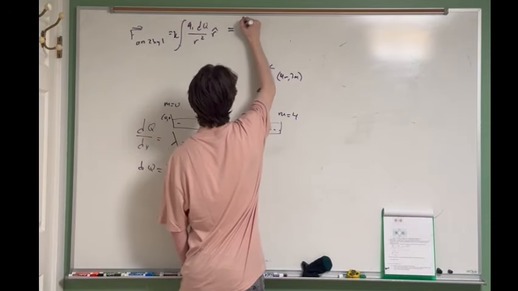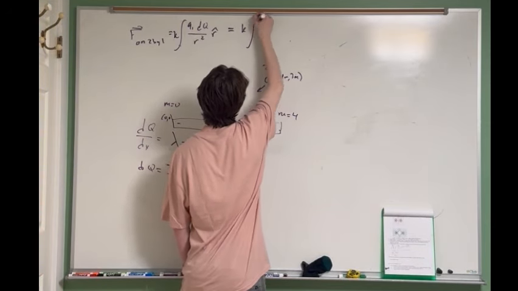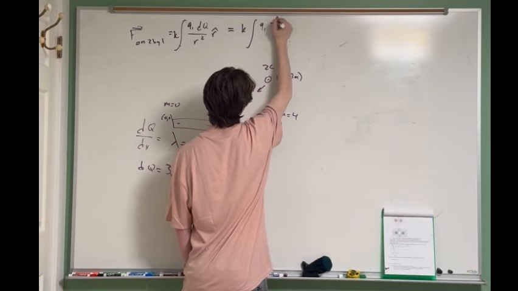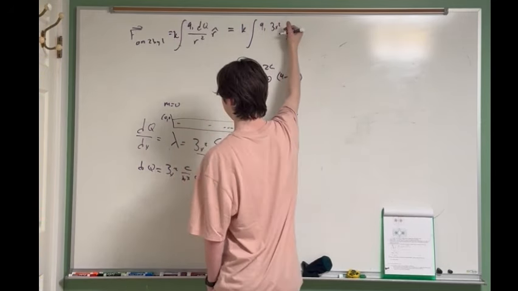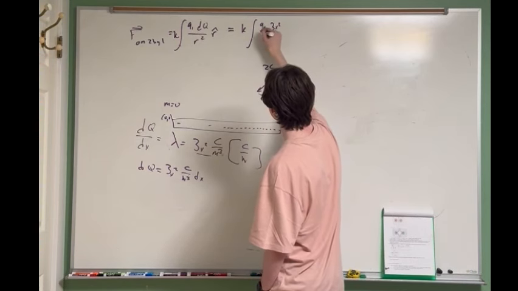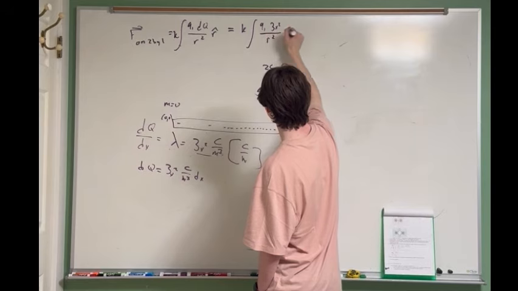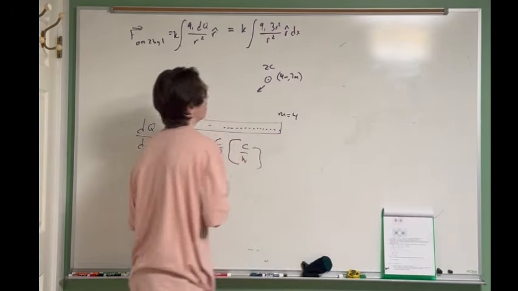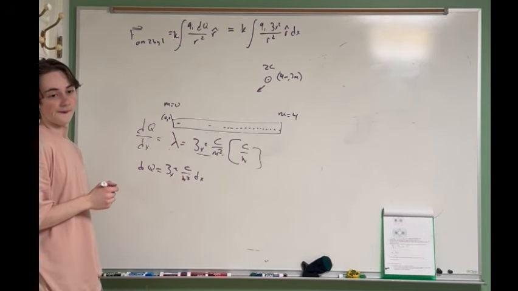So this is going to be equal to k integral q1 3x squared. I think we can drop the units for now. You shouldn't do that, but 3x squared over r squared r hat. Now put dx at the end. This would have been nicer if we didn't do the direction too.